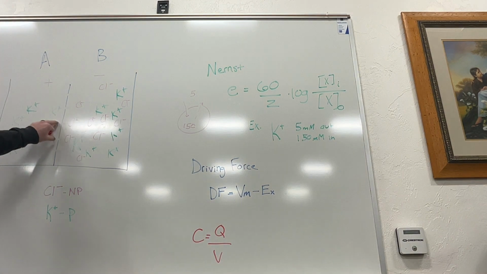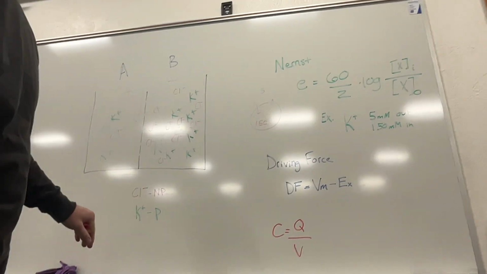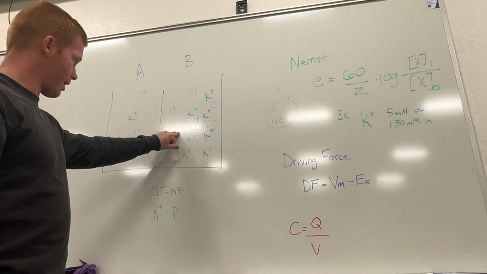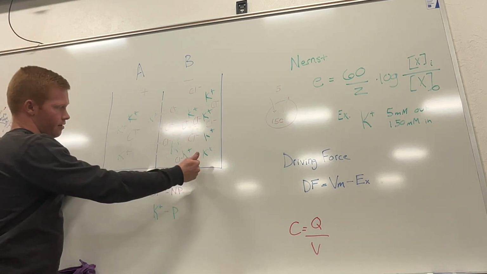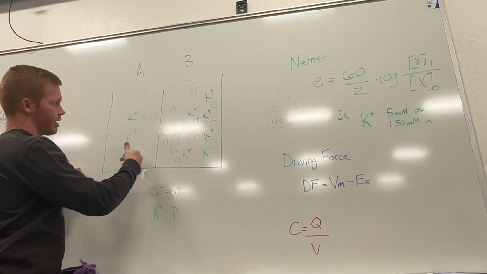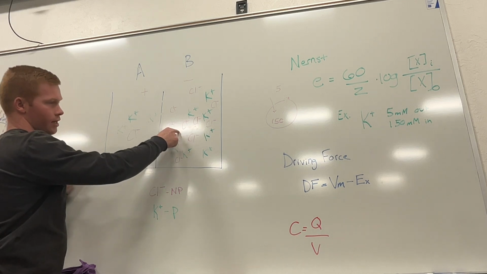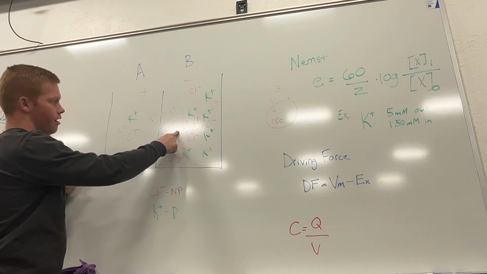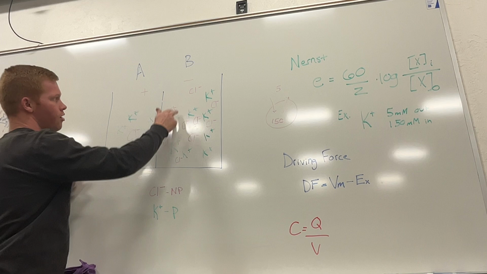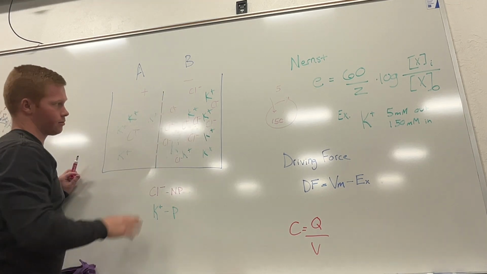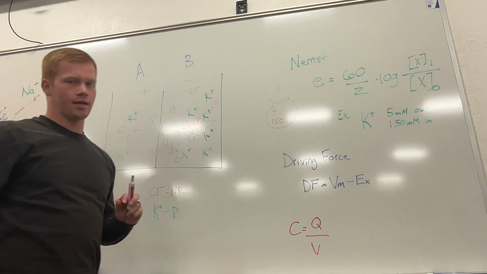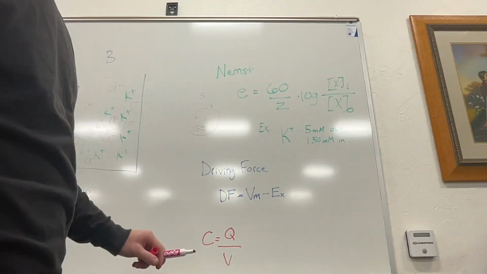Remember over here we talked about potassium and chloride, we started out with the concentration gradient, potassium wanting to move this way, but as it did that, it left behind negative charges, which made this negative, which started to draw in potassiums because they're attracted to that negative side. So that's the same thing with inside the cell.